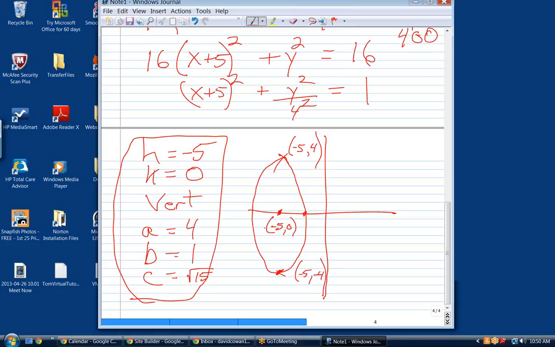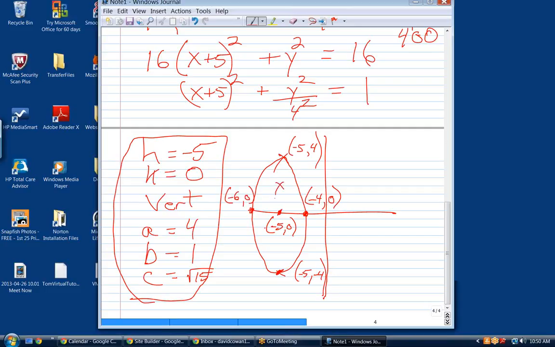These coordinates here are a slightly different technique. So that would be negative 4 and 0. And this one over here would be negative 6 and 0.